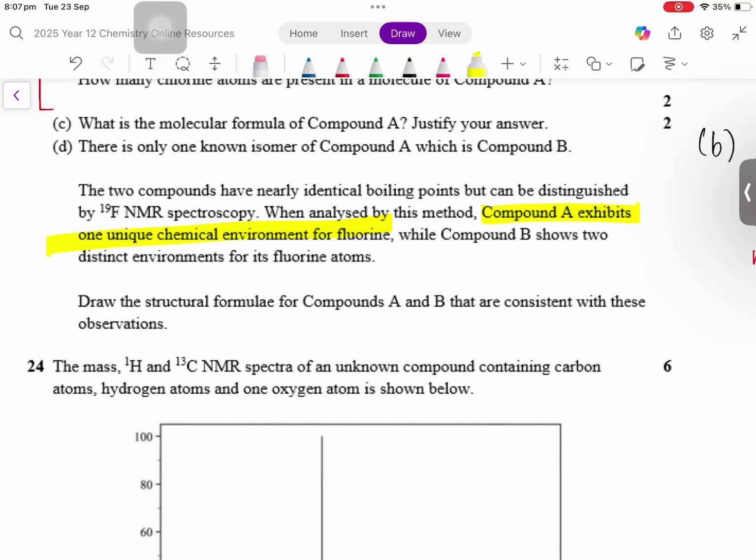How can you have a bunch of different atoms having the same chemical environment? What does that tell you about the structure, starting with an S? The only way is if it's symmetrical. Exactly. It has to be symmetrical. If it was asymmetrical, then the different fluorine atoms would have different environments, right?